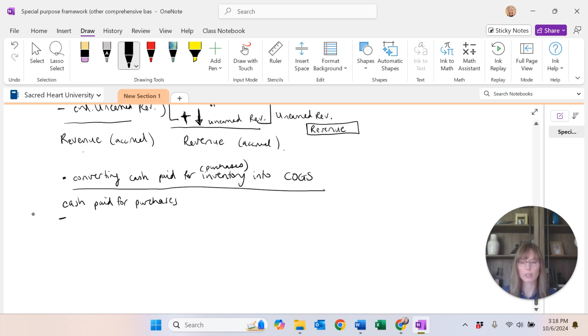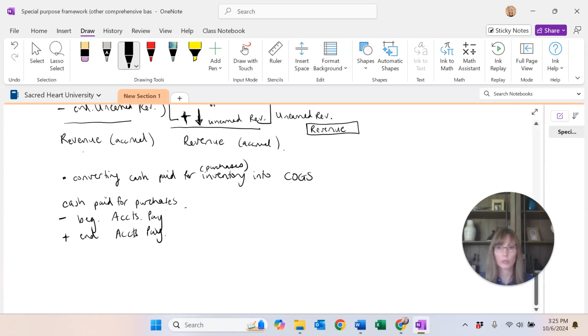We can subtract out beginning accounts payable and add back our ending accounts payable. Now this is equivalent to saying add an increase in accounts payable or subtract a decrease in accounts payable.